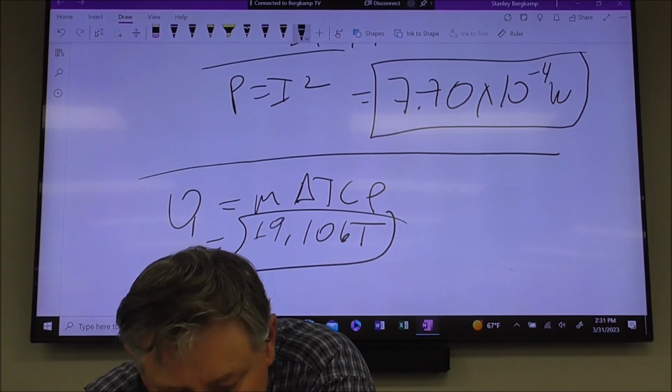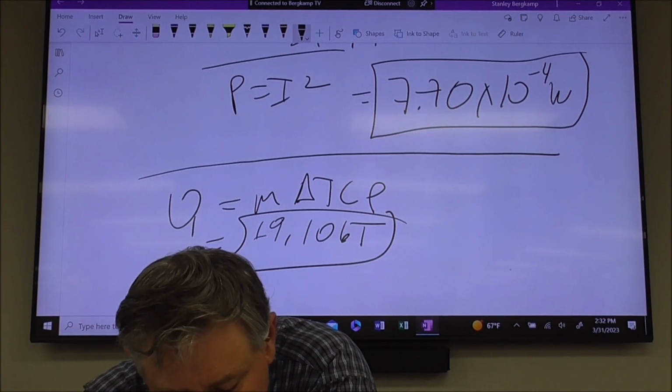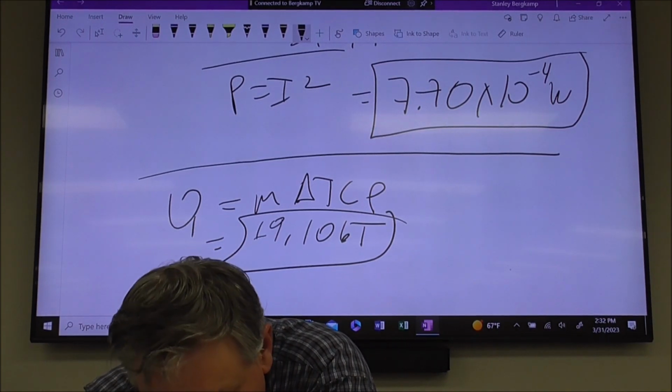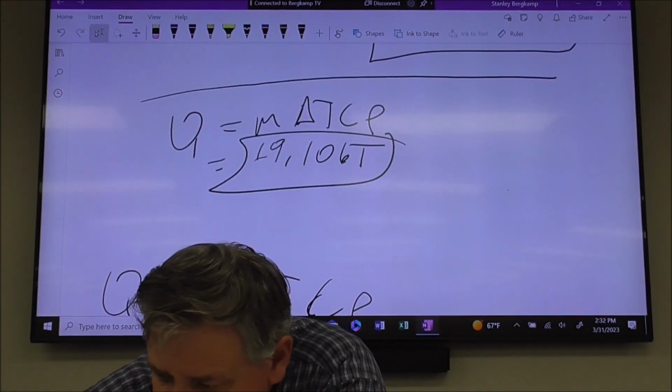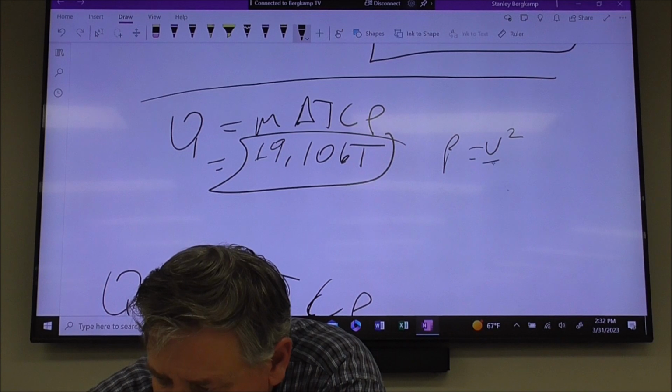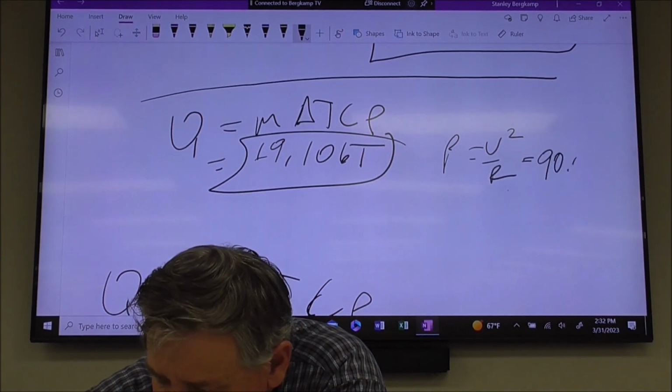Now, you have the resistance and the voltage. So what can you do with that? Power equals V squared over R. And you do that, you get 90 watts, which is joules per second.